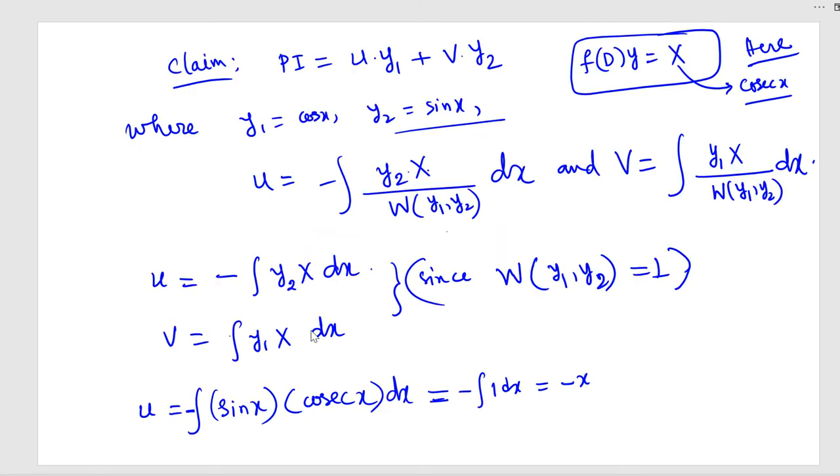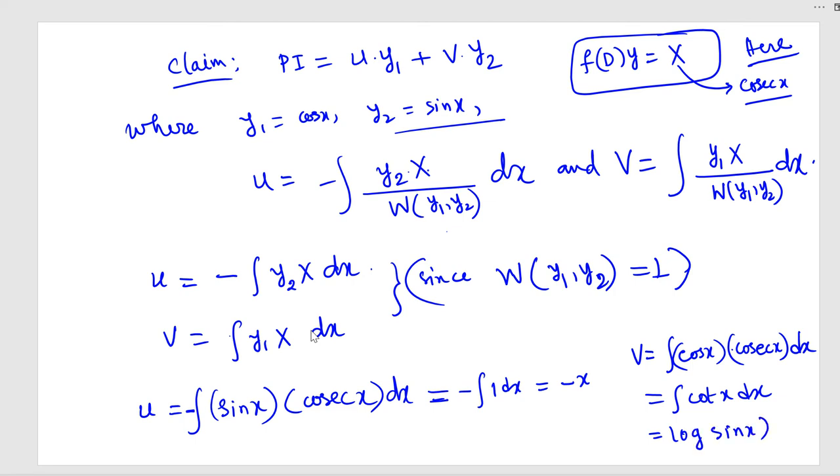Now, if you try to find the value of v, this is cos x, and this is cosec x, into dx. So this is going to be the integral of cot x dx, which is nothing but the logarithm of sin x.